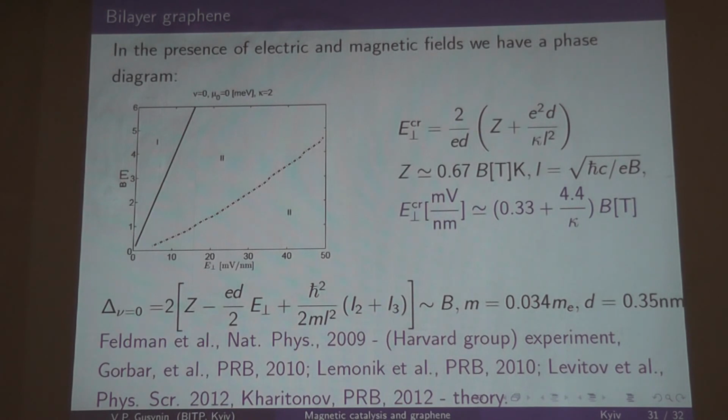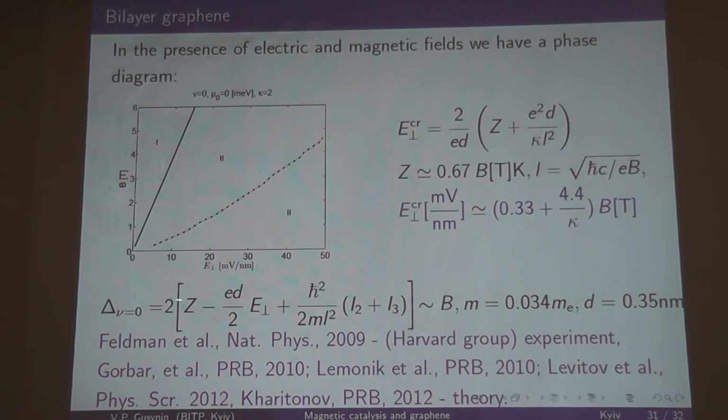If we include now electric and magnetic field, we have some kind of phase diagram, which is much discussed now in the literature. At large magnetic field, the situation is more or less clearer, but there are still questions about what is the real ground state for small electric and magnetic field.